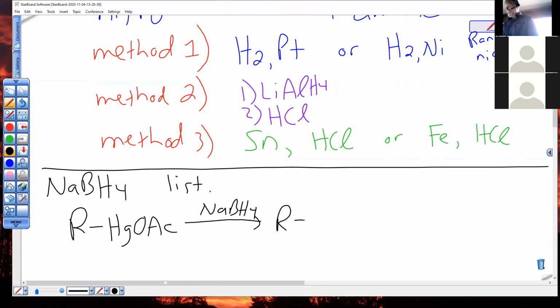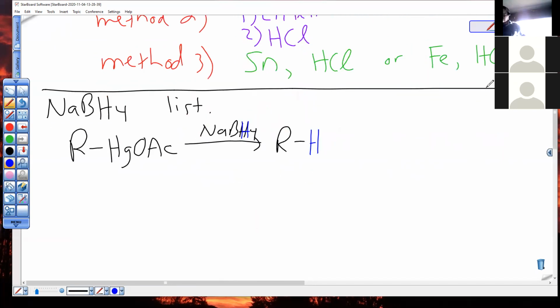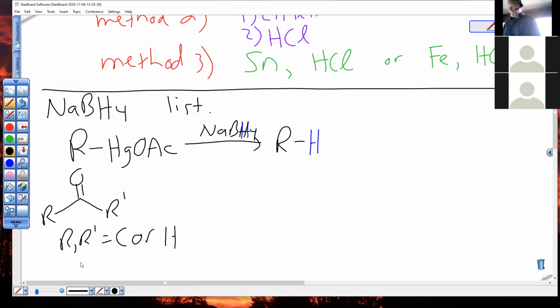And we got RH. We should have put those H's in blue. And then we're going to go to chapter 16 because that's the next time we saw it. So we'd say this is aldehyde and ketone only. Don't add anything else to that list.